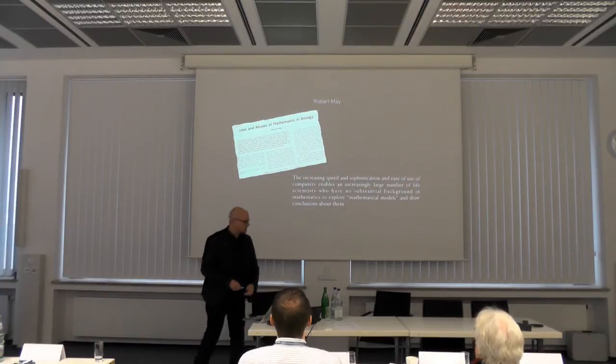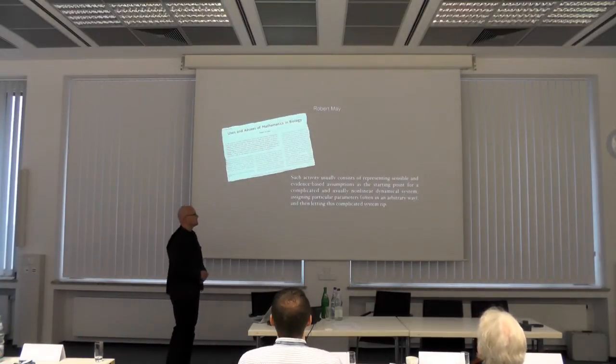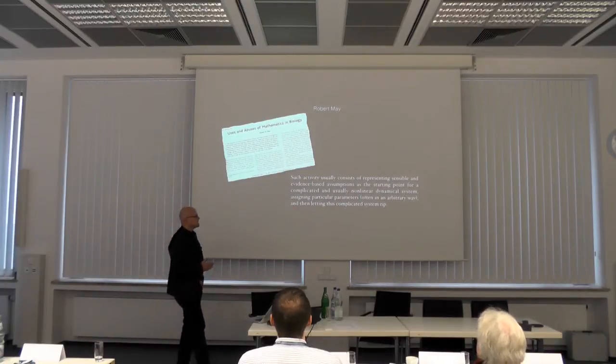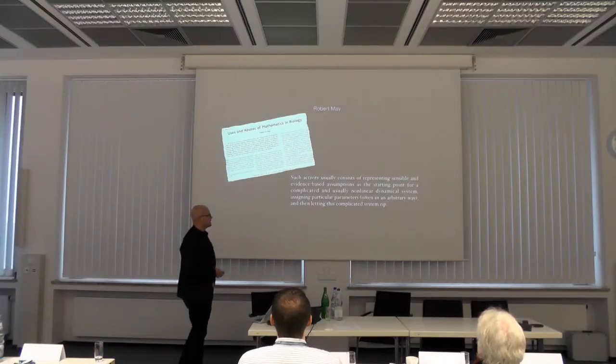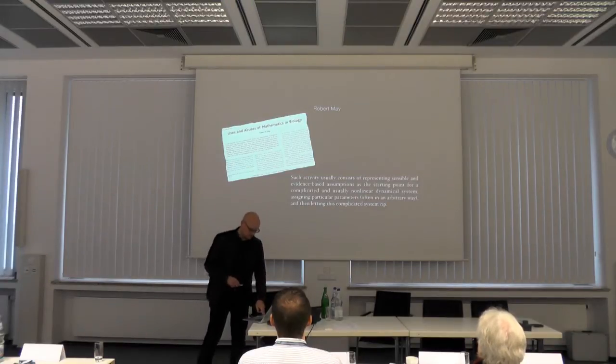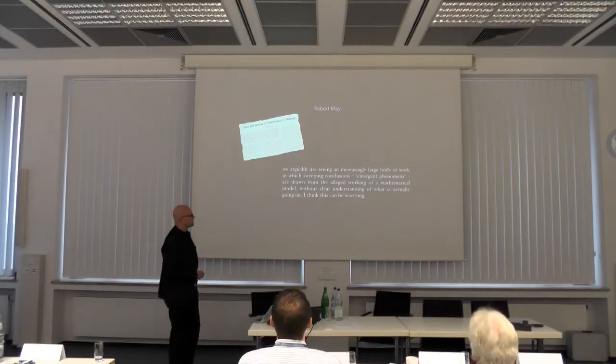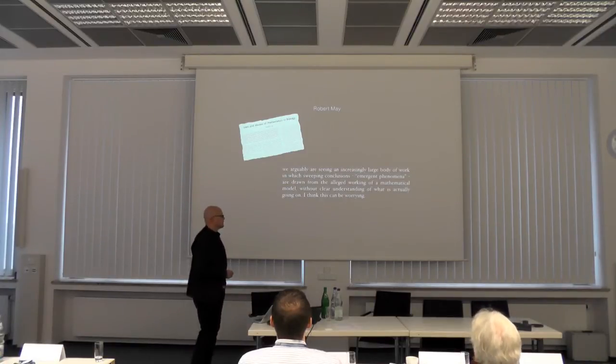And he continues and says, such activity usually consists of representing sensible and evidence-based assumptions as the starting point for a complicated and usually nonlinear dynamical system, assigning particular parameters, the assumed count, often in an arbitrary way, and then letting this complicated system rip. And then he says, we are seeing an increasingly large body of work in which sweeping conclusions, emergent phenomena, are drawn from the alleged working of a mathematical model without clear understanding of what is actually going on.